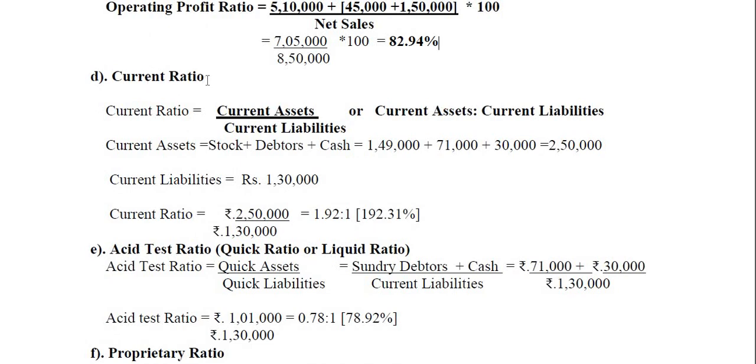Then current ratio. Current ratio is equal to current assets divided by current liabilities, or current assets is to current liabilities. I already explained, current assets include stock, debtors and cash.